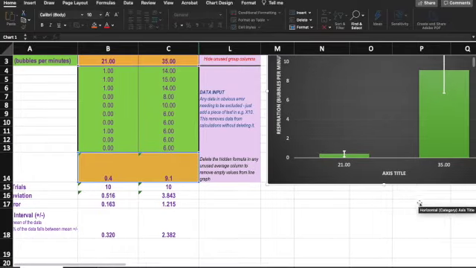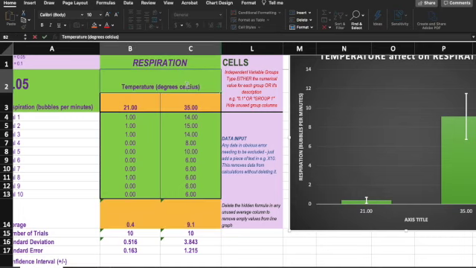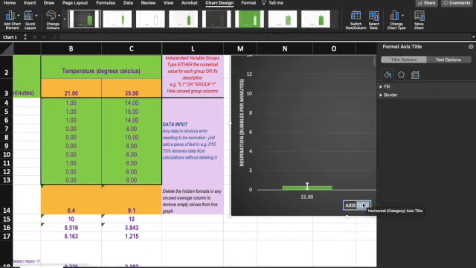Same down here with your axis title. Okay, this is our temperature in degrees Celsius. Double click, highlight it all, Command C, then come down over here, and where it says axis title you double click, and you need to delete all of that and paste that in.